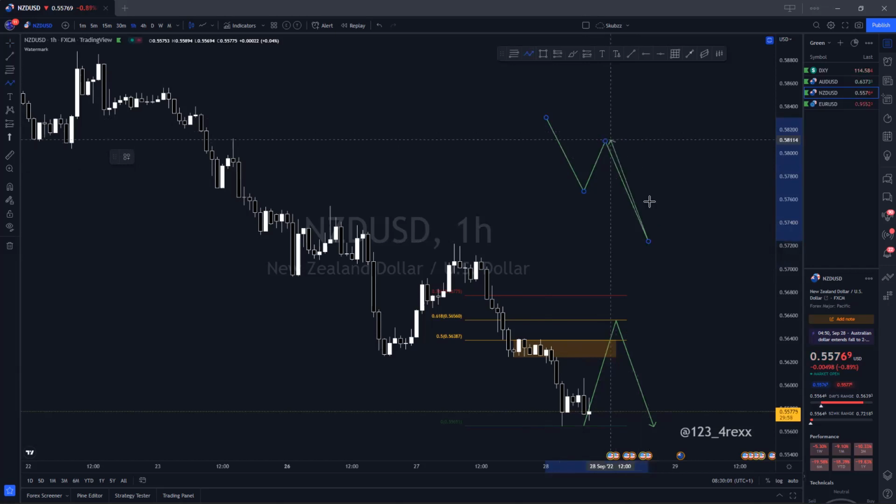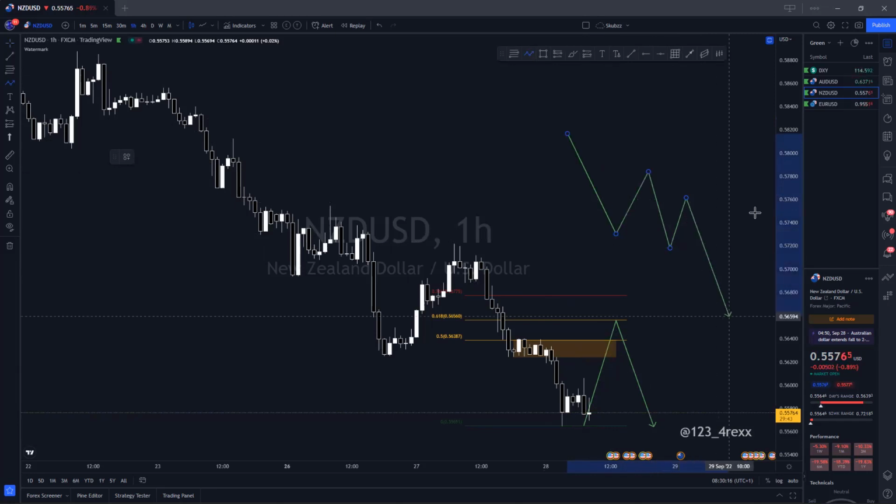We can have price break structure, and then it will retrace from here back into any levels and then sell again. You might see that this retracement will go deeper before the retracement starts. So it's always low probability buying those retracements back to the top.